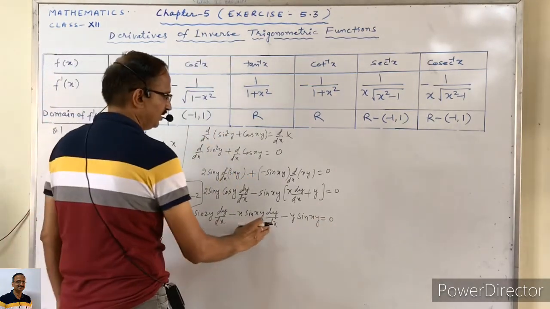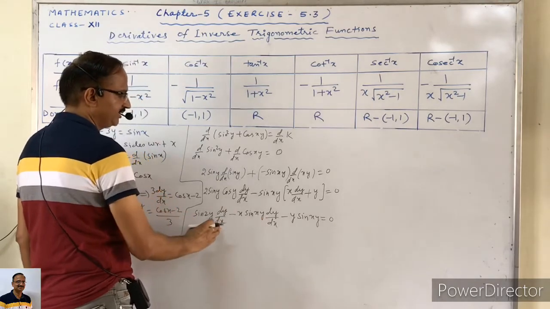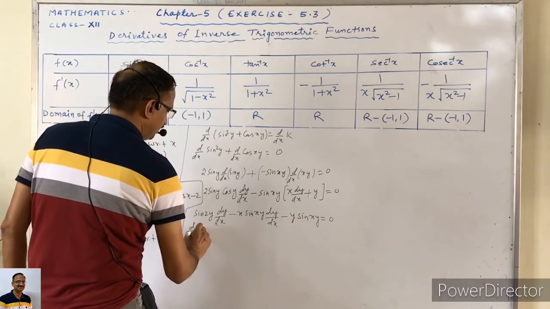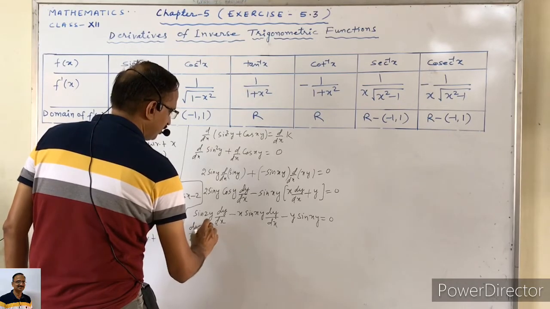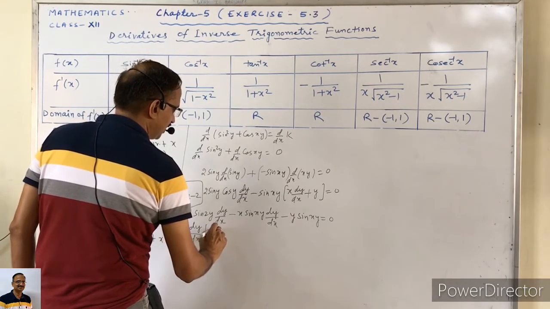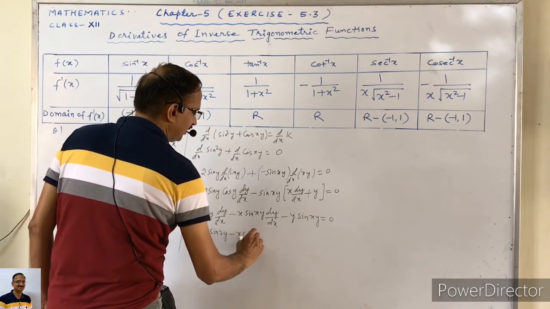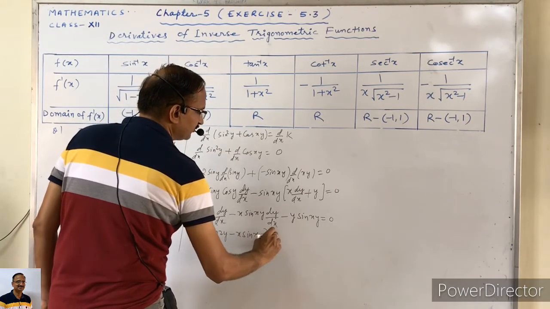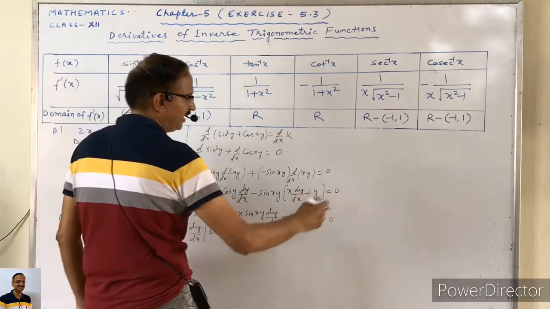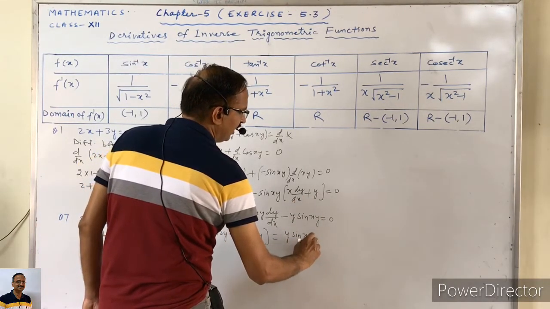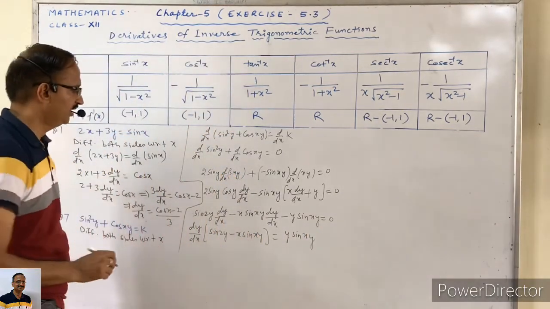Now this dy by dx is common in these two terms, so take this dy by dx as common. We will get sin 2y minus x sin xy, and transfer this term to the right hand side, we will get y sin xy. Okay?